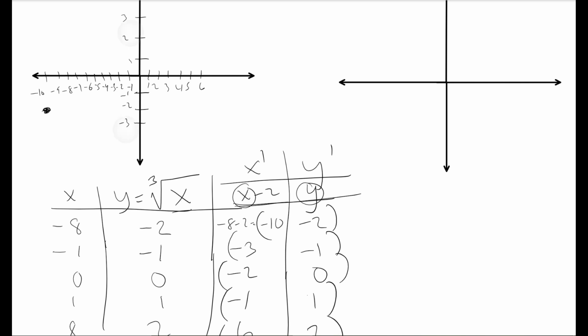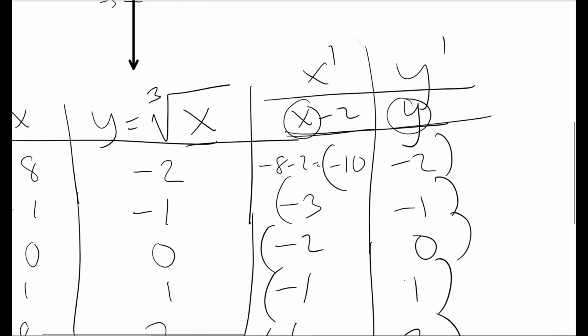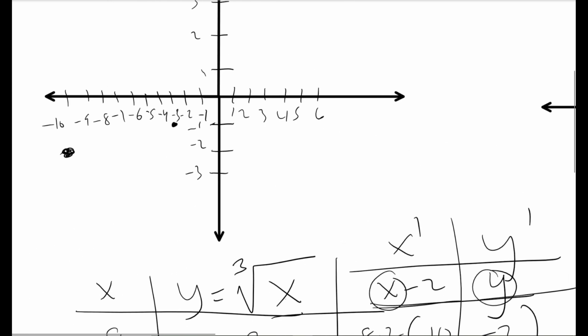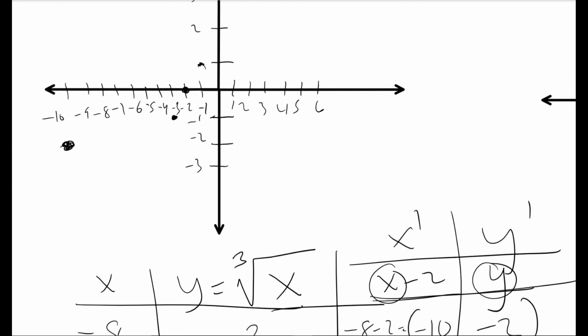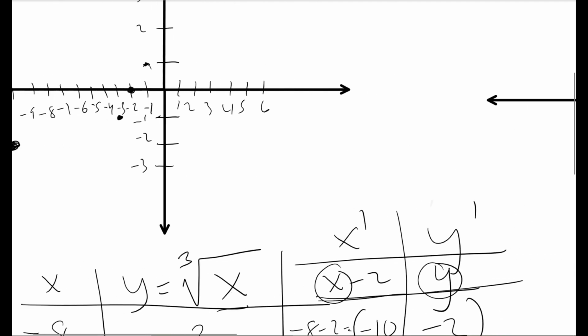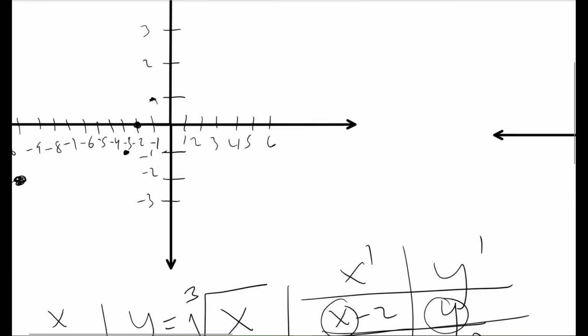We got -3, -1. We have -2, 0. And we have -1, 1. And lastly, it looks like we have 6, 2.